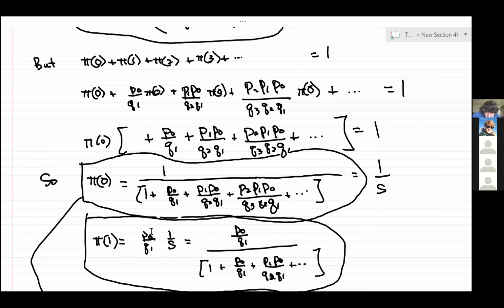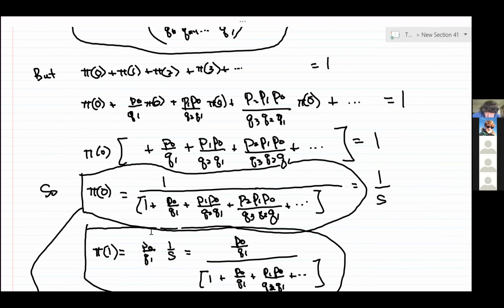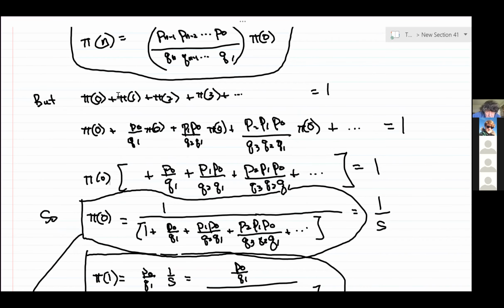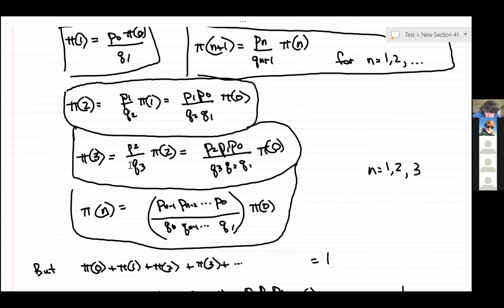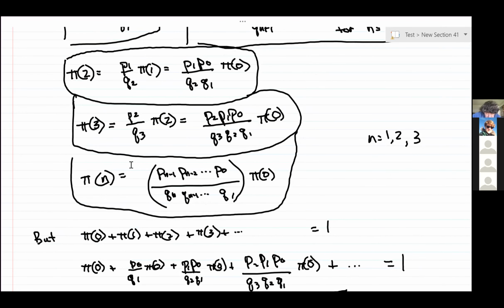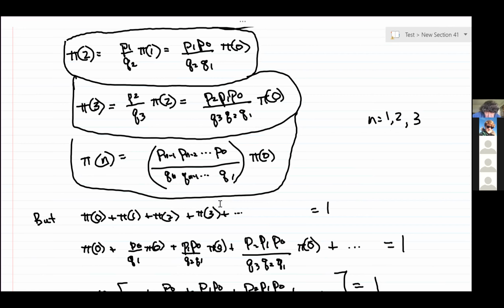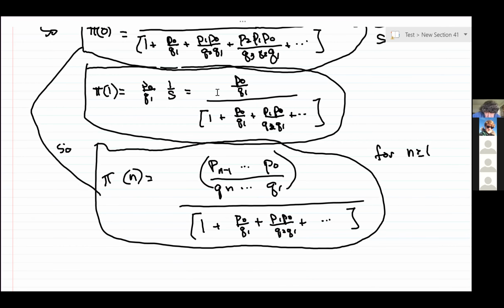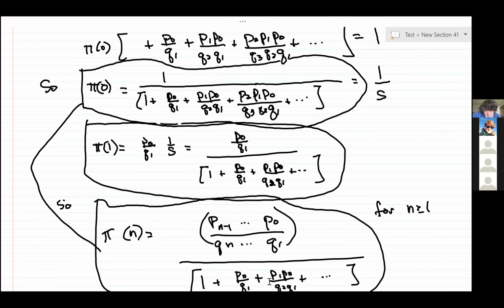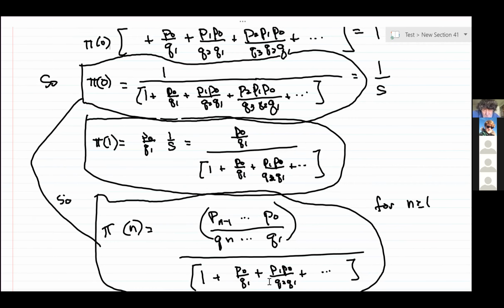And then from there, going back into these recurrence relations for pi 1 and pi 2 and pi 3, you're able to get this formula. So this one plus this one for pi 0 gives you the total description of the stationary distribution in terms of the P's and Q's.